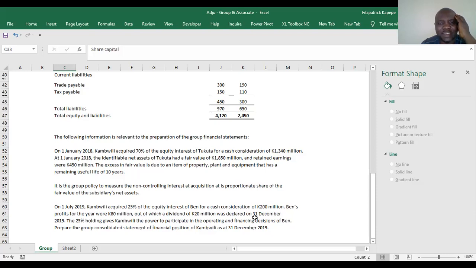But remember that what will be regarded as post-acquisition from the associates, which should actually be taken to Kambili's books, would be for the last half of the year. The last half of the year will give you 40, but then 40 times 25%, how much do we get?